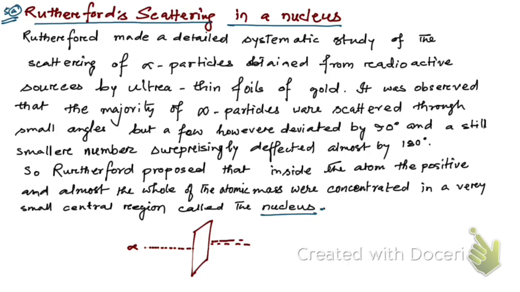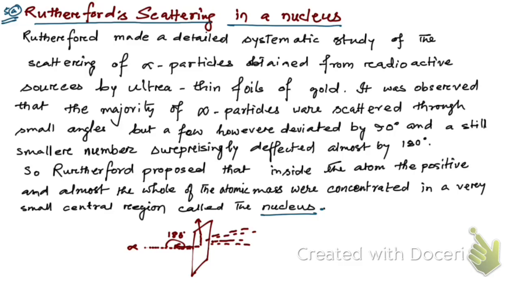Very few particles scattered at an angle of 90 degrees, and a very small number of particles rebounded, making 180 degrees. That number is very, very small compared to the 90 degree deviation and to the particles passing through with a very small deviation. So that was his experiment.